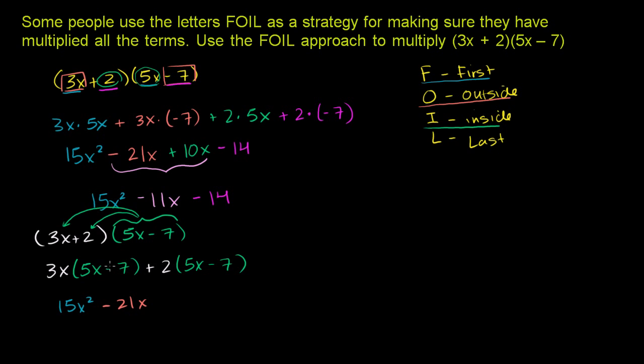And remember, in this step we're just applying the distributive property again. So then we have 2 times 5x is going to be 10x, so plus 10x. And then we have 2 times negative 7 is negative 14. So we actually got the exact same result that we did when we applied FOIL. And when you simplify it, you get this answer again.